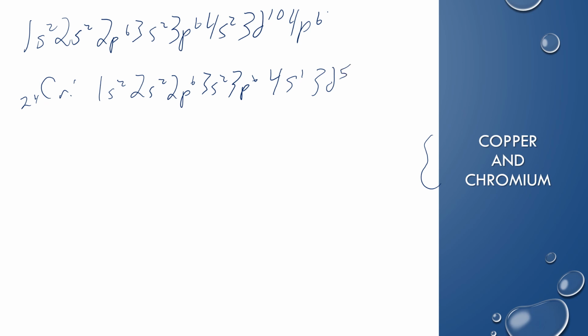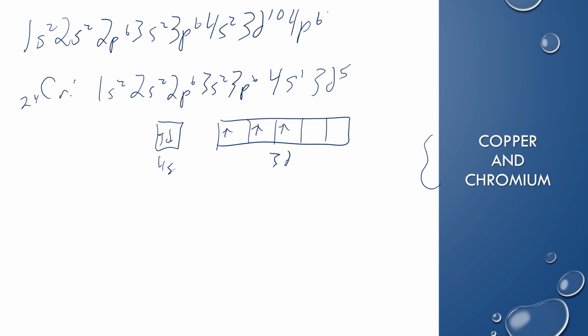All right, so let's look at that in a little more depth. You would usually expect the 4s and 3d, 4s, 3d. So it has 24. You would normally expect those extra 6 electrons to go 1, 2, 3, 4, 5, 6.